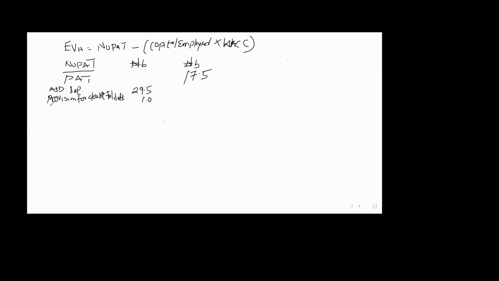Then research and development cost, R&D. I need to add it back. It shouldn't be deducted, it should be capitalized. Then my non-cash item, I need to add it back. I'm on 3.5.